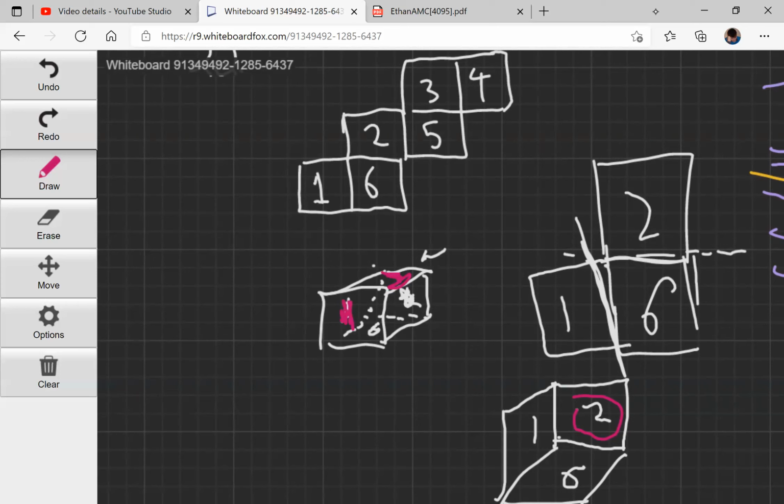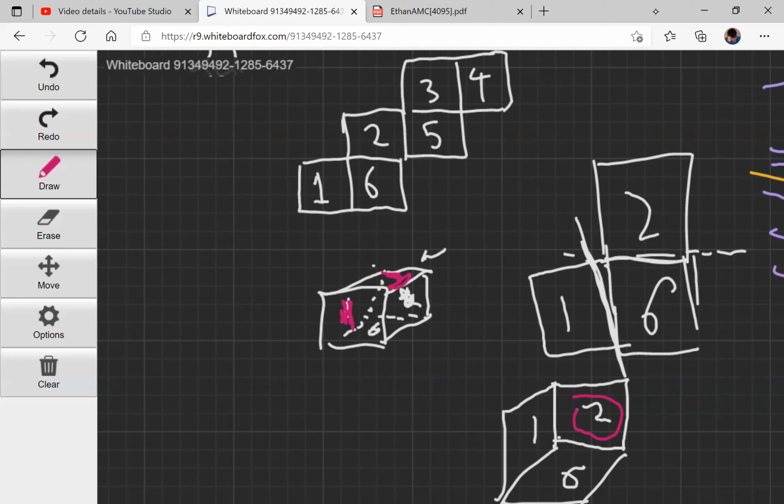So actually 1 is opposite 5 because 1 is opposite to something which is next to 2, okay? But it's not 6, and it's not this other thing that's opposite 6.